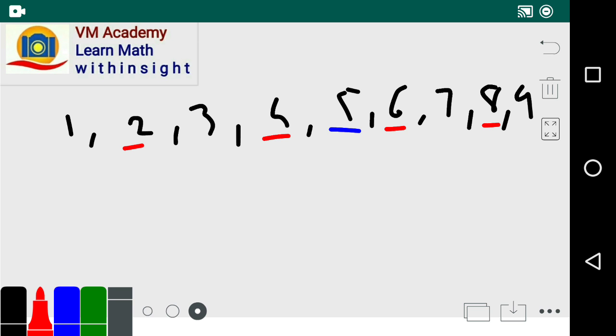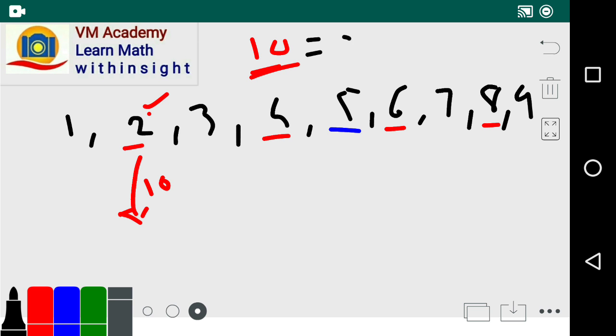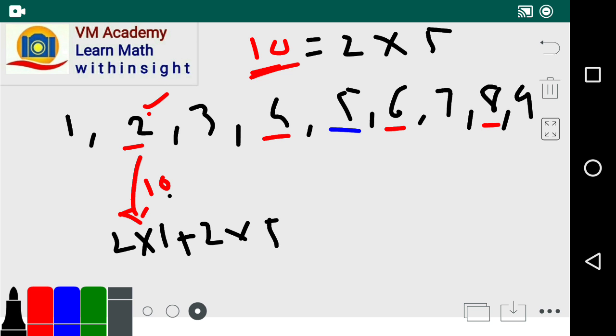Now when we add 10 to it, 2 shares factor 2 with 10, friends. That means 10 and 2 have common factor 2. So when we add 10 to it, we can take the common factor 2 out of the bracket: 2 into 1 plus 10 written as 2 into 5. So 2 can be taken out of the bracket and we can write 2 into 6. So 2 is still going to be a factor of the resulting number 12.